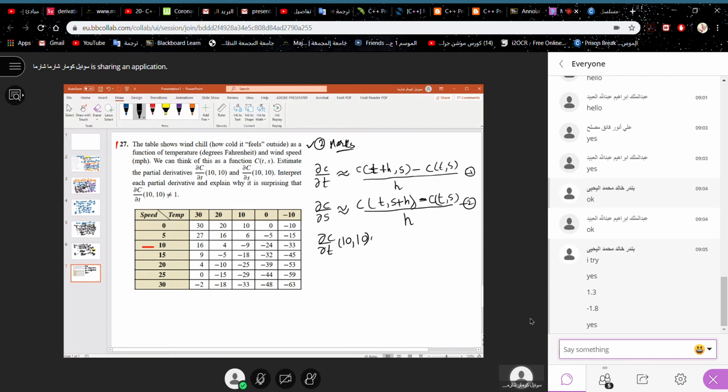At what point do you need it? 10. So this is equal to C of T plus H, 10 minus C of 10 upon H. H is how much?